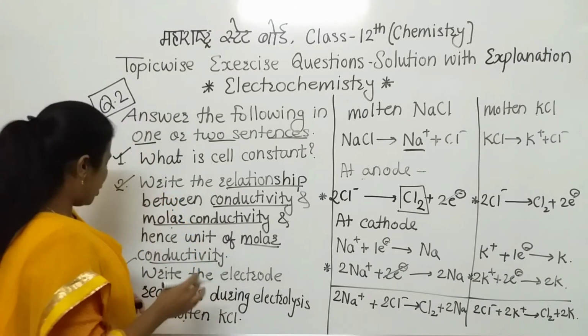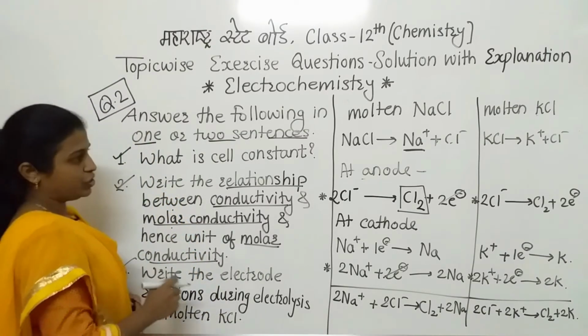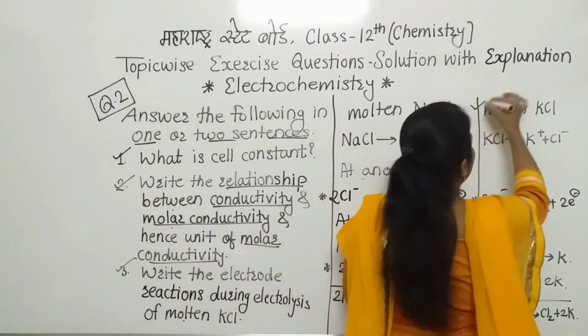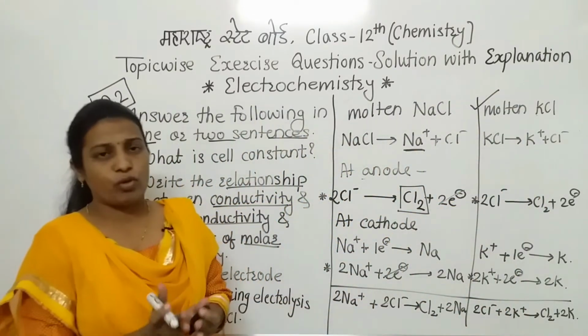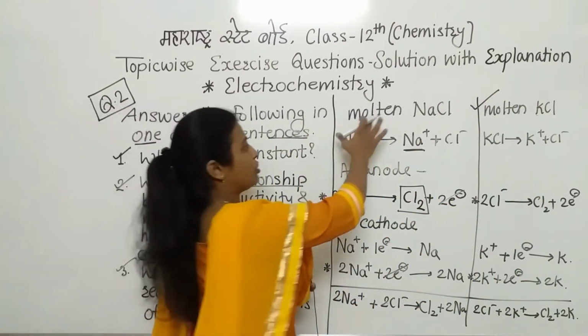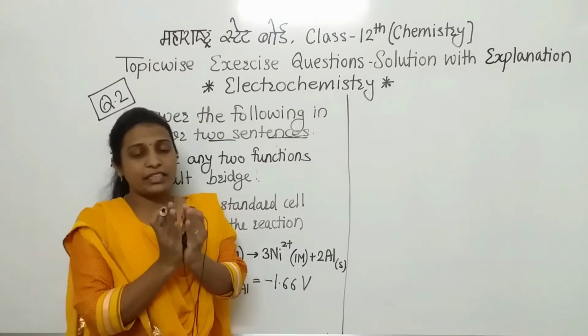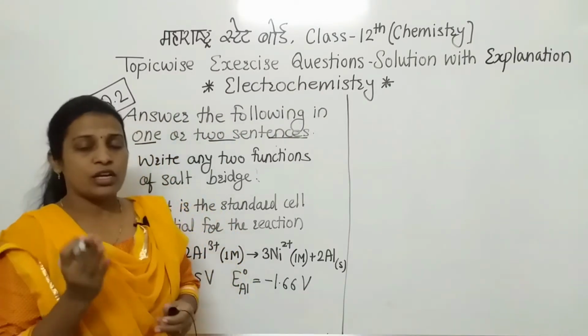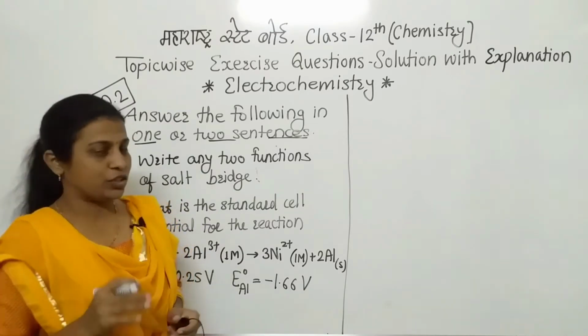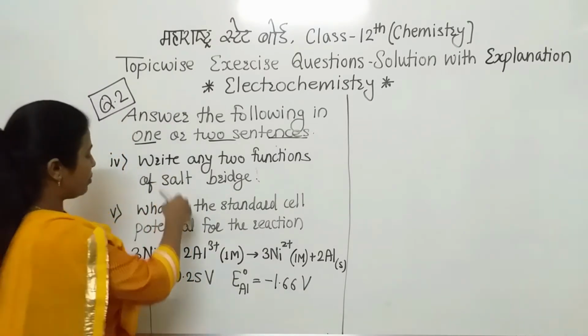So we have completed the third question. You have to write only this answer, but if the question is for molten NaCl instead of molten KCl, then you have to write that reaction. Here we divide question number 2 into 2 parts. In the first part we will complete 5 questions. First 3 are completed, now the remaining 2.